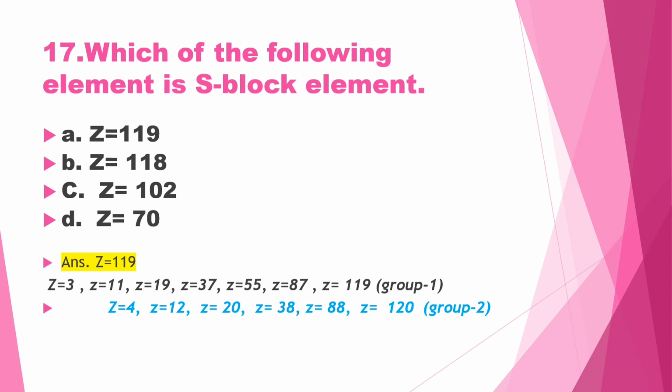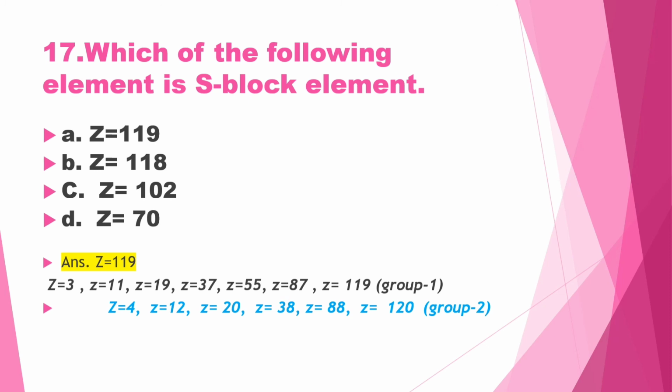And group 2 here: beryllium 4, 12, 20, 38, 88 and 122. These are group 2, that is alkaline earth metals, and both are S block elements.